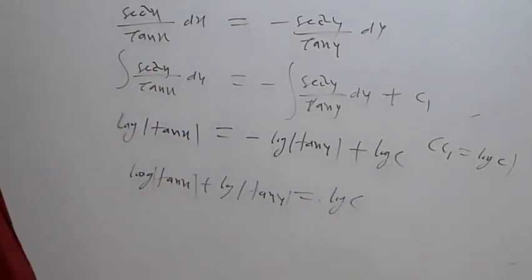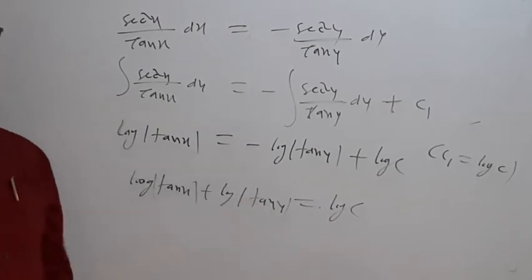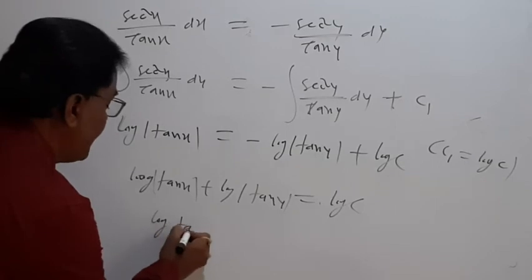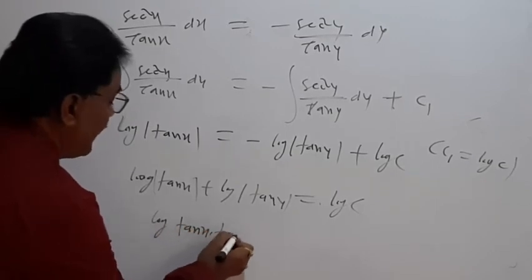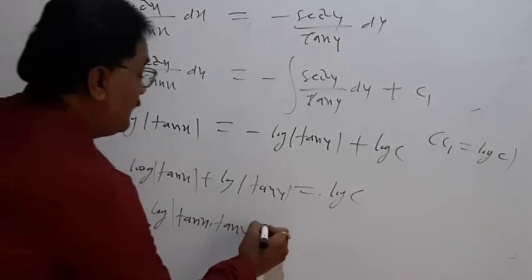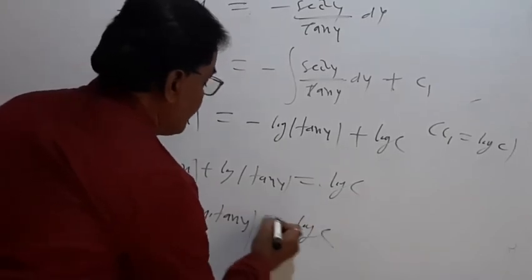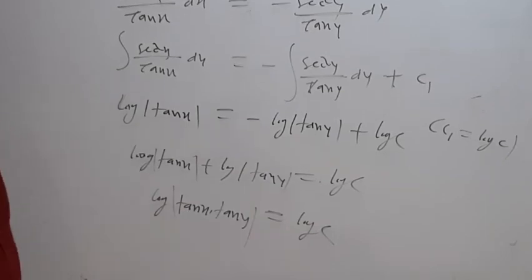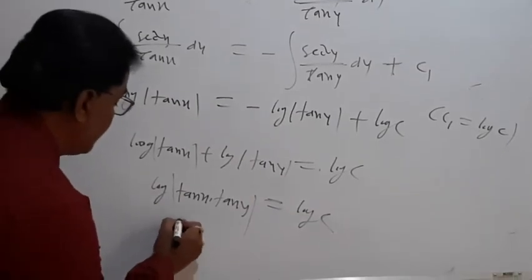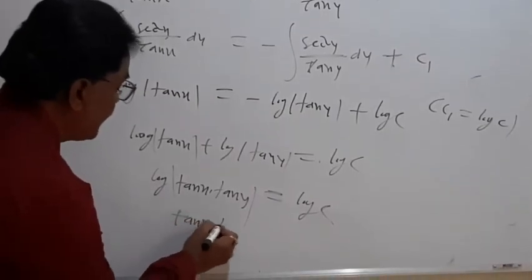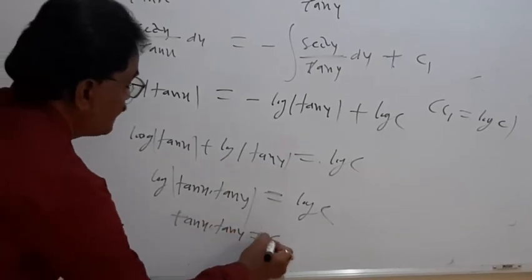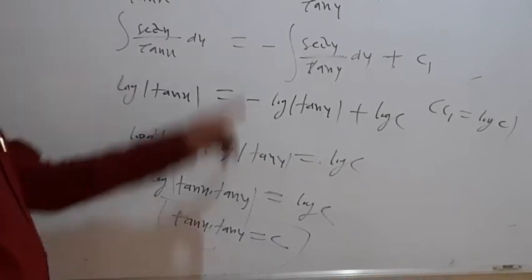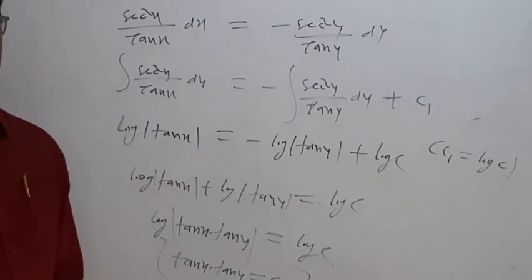And then using the rule of logarithm, log a plus log b is equal to log of a into b, so tan x into tan y is equal to log c. Cancelling log on both sides, we get the general solution: tan x into tan y is equal to c. This is the general solution of this differential equation.